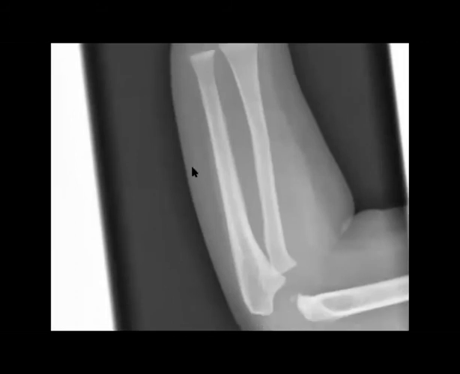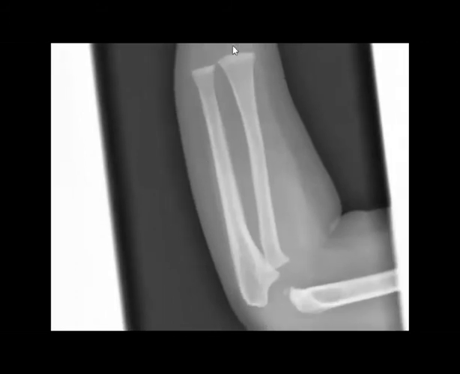One of the good sites to check in the rapid reporting is either the distal radius or the proximal radius. So what do you think? Is the abnormality in the proximal radius or in the distal radius? This is a pediatric patient.